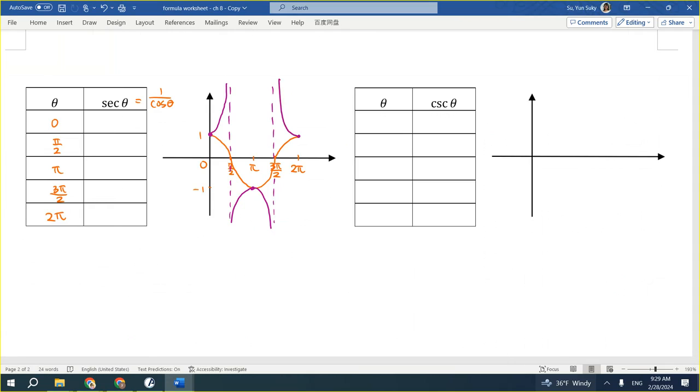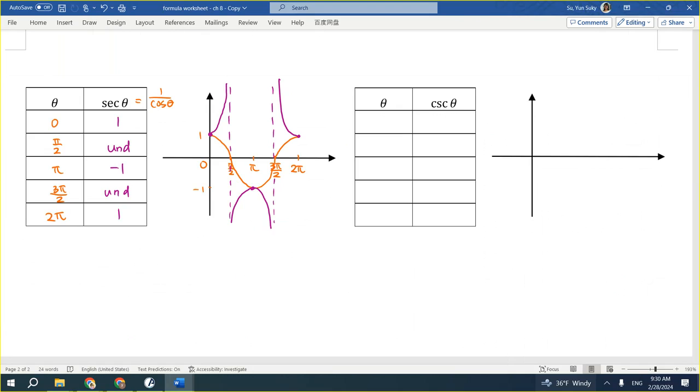So look at this. Secant 0 is 1. Secant pi/2 undefined. Secant pi, -1. Secant 3 pi over 2, undefined. Secant 2 pi, 1.